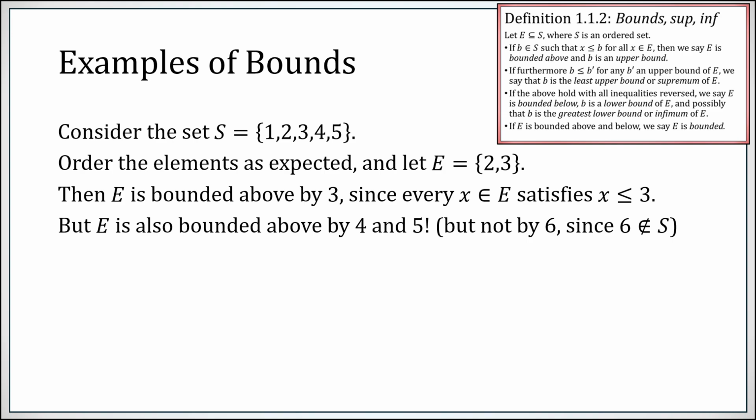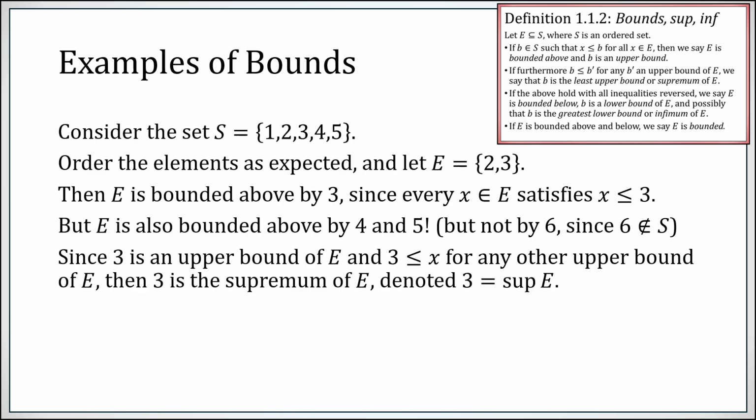If we were just talking about numbers, sure, this set E is bounded above by 6 and 6.2, etc. Now 3 is an upper bound of this set, but in the entire universe of discussion, the only possible upper bounds are 3, 4, and 5. So of all of the upper bounds of this set, 3, 4, and 5, the smallest one is 3.